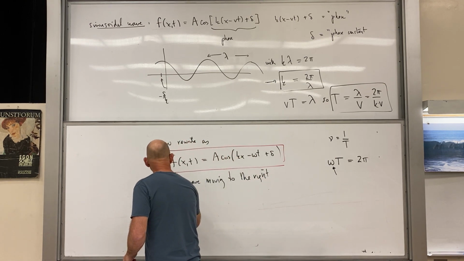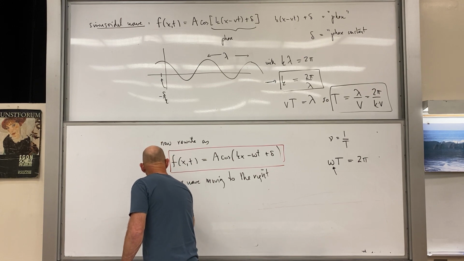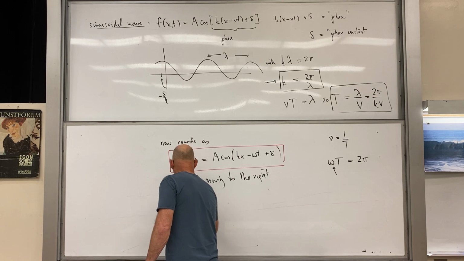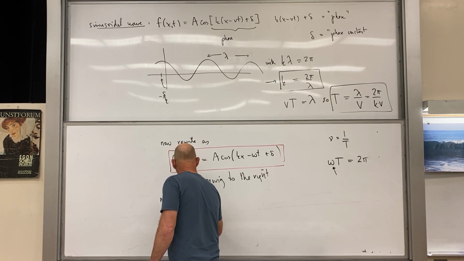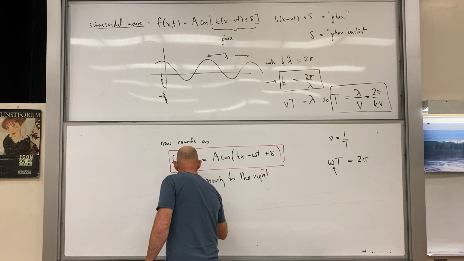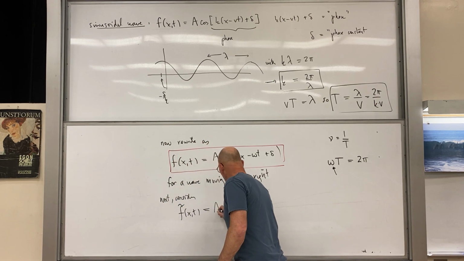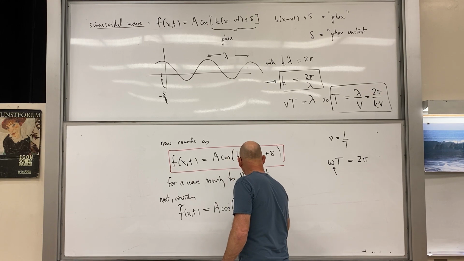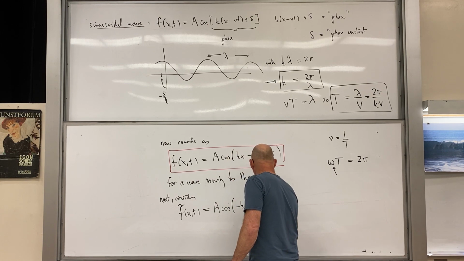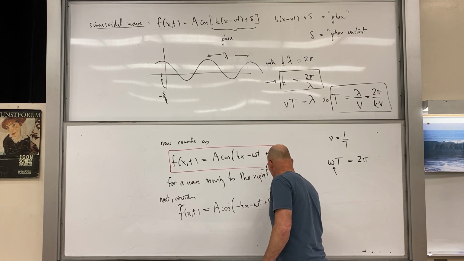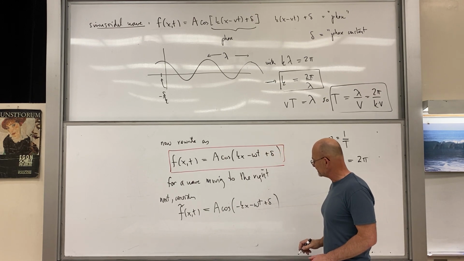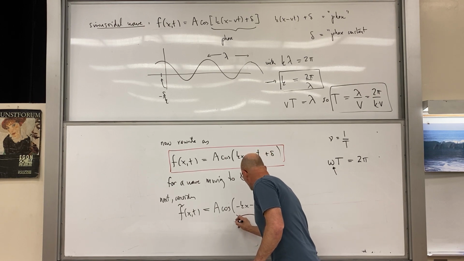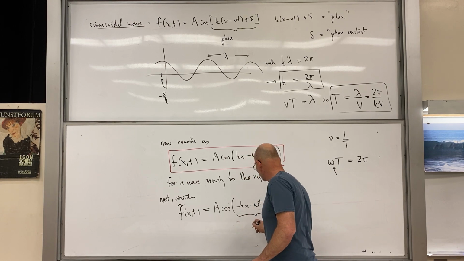So next, consider f tilde of x and t equals A cosine of minus kx minus omega t plus delta. So then we have the minus here.